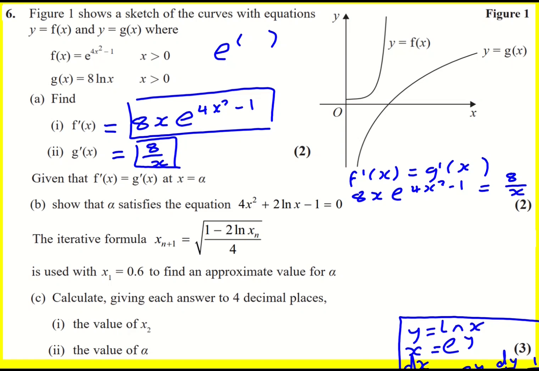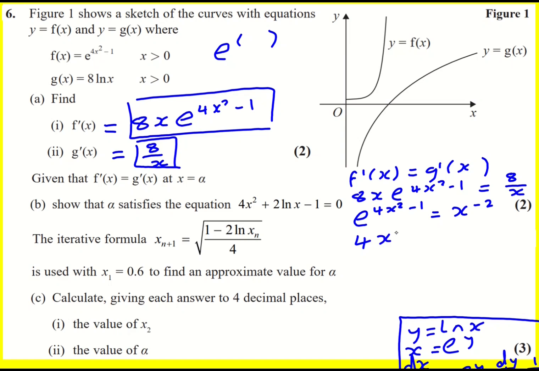Okay, we somehow want to get an equation involving ln. So what I'm going to do is divide through by 8x. I'm going to be taking logs in a second. So e to the 4x squared minus 1 is going to equal 1 over x squared, or maybe I write it as x to the minus 2. Because now I can undo the exponential and get a log equation, or I could imagine doing ln of both sides.